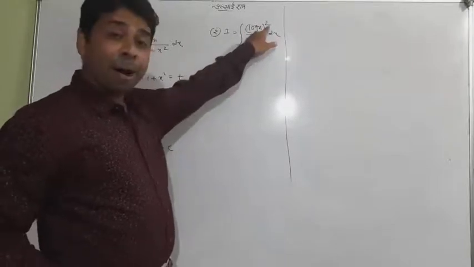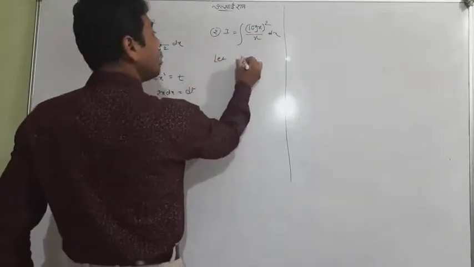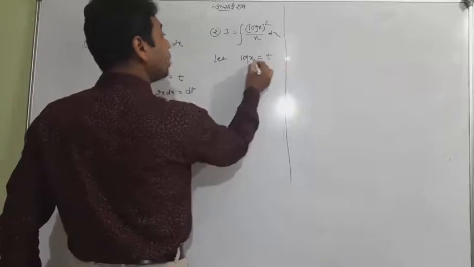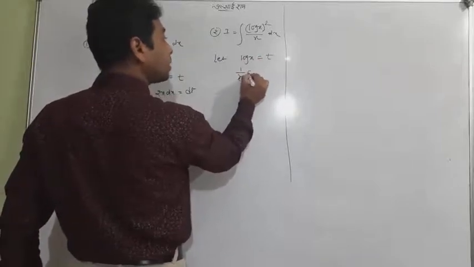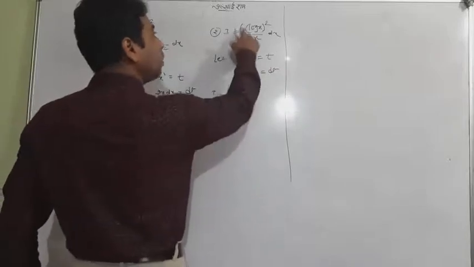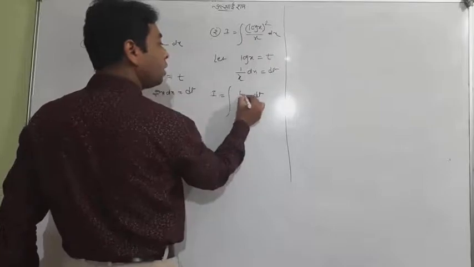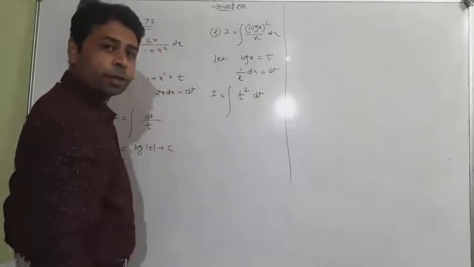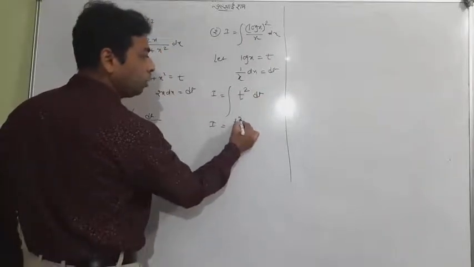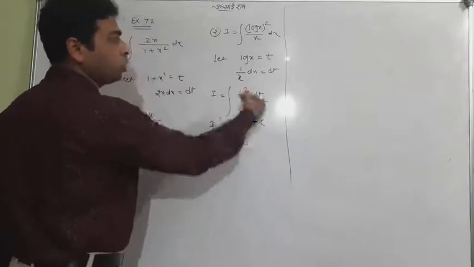So don't take the power 2 as t, only take log x equal to t, because the differentiation of log x is 1 by x, and you used to write dx and dt. So what will happen? 1 by x dx is equal to dt, and this is log x equal to t square, and then the answer is t cube upon 3, because integration of t square is this one, and put your t and get your answer.